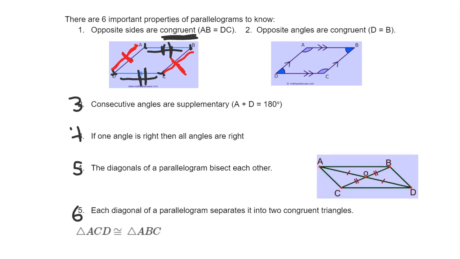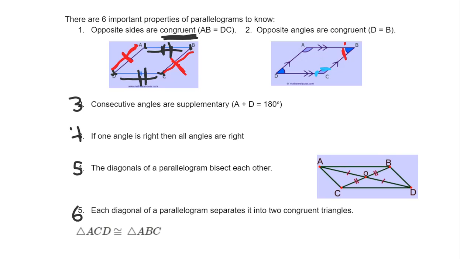The other thing that we can notice is that opposite angles in a parallelogram are going to be congruent, which means those measures are going to be equal. So that's something else that we'll be able to look at and see there, is that those opposite angles are going to be congruent. Number 3 tells us consecutive angles are going to be supplementary. So if I look back at my image up above, I have consecutive angles.